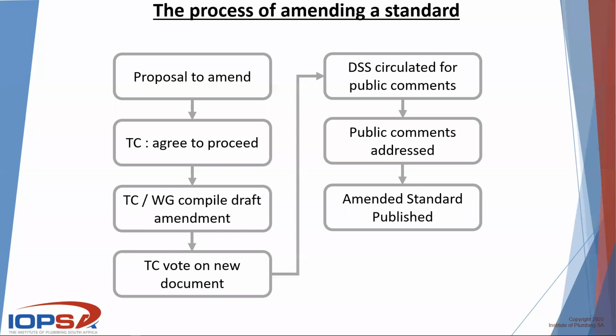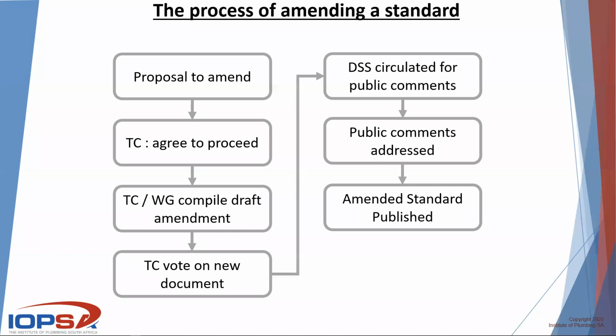So there's a vote that happens to say, yes, we agree, let's work on making an amendment. The next step is when the committee will work and compile a draft. So this is an iterative process. They will compile a draft, discuss it, make another version, discuss it, make another version, until everybody agrees, until there's consensus on what the requirements should be.